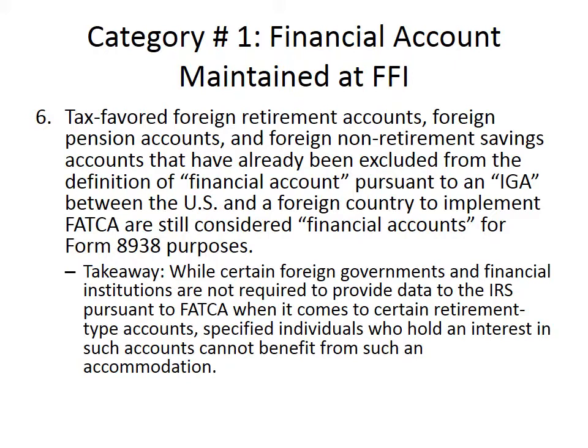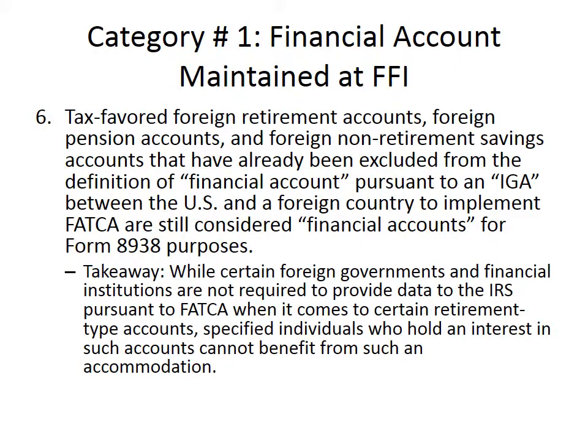So that is a mouthful. Let's just go back once more and make sure that we understand what this is saying. Financial accounts in category number 6 here include tax-favored foreign retirement accounts, foreign pension accounts, and this is where we get into this very broad class of foreign non-retirement savings accounts.